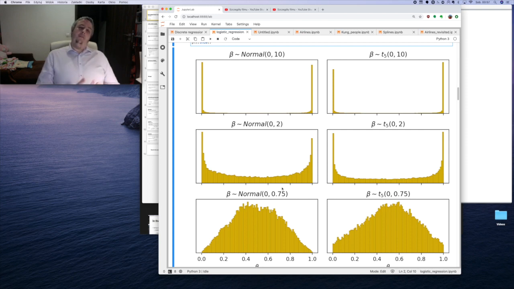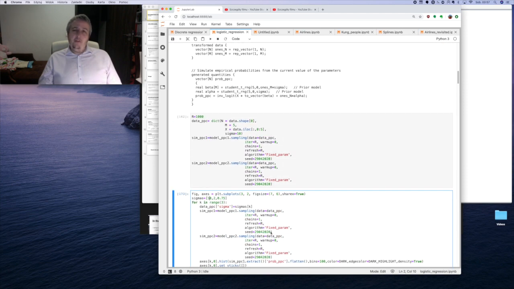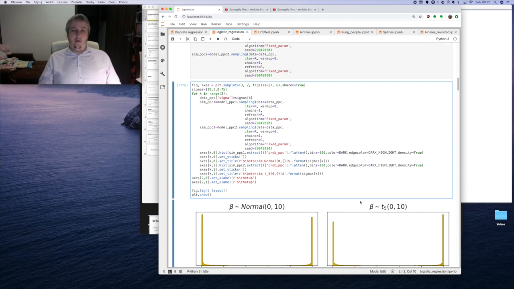But if we go even lower, with a standard deviation of 0.75 for all betas and also alphas, we get all the concentration in the middle, with Student T allowing a bit more concentration at the edges, while the normal distribution locates almost everything inside, which might be reasonable because, looking at the data, we've seen that we have around a 50-50 distribution of our outputs.